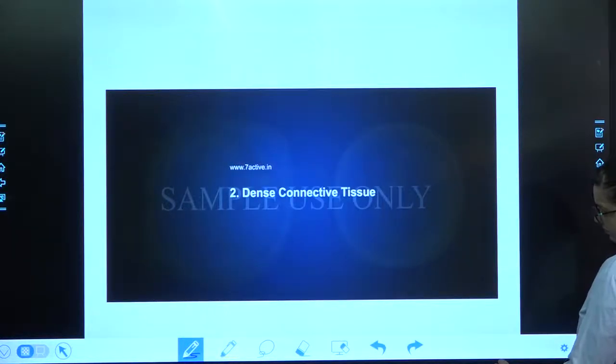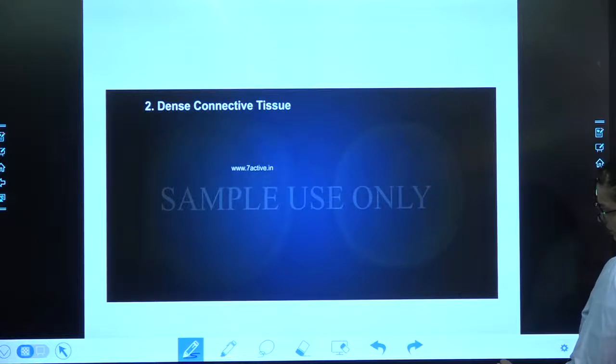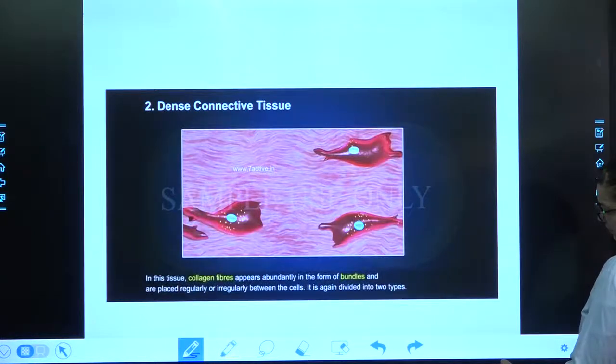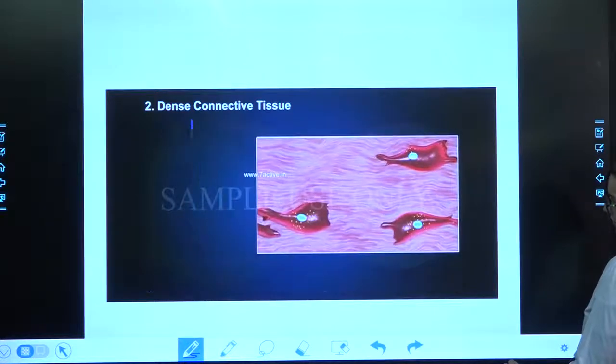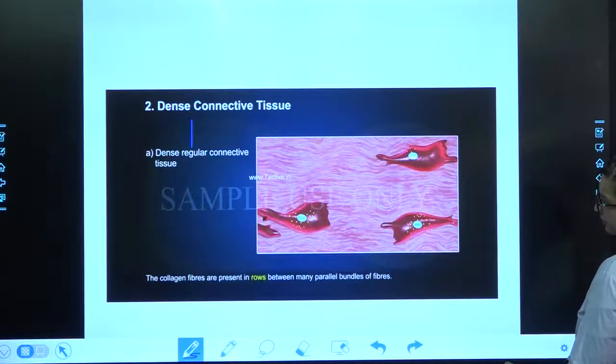2. Dense connective tissue. In this tissue, collagen fibers appears abundantly in the form of bundles and are placed regularly between the cells. It is again divided into 2 types. A. Dense regular connective tissue. The collagen fibers are present in rows between many parallel bundles of fibers.